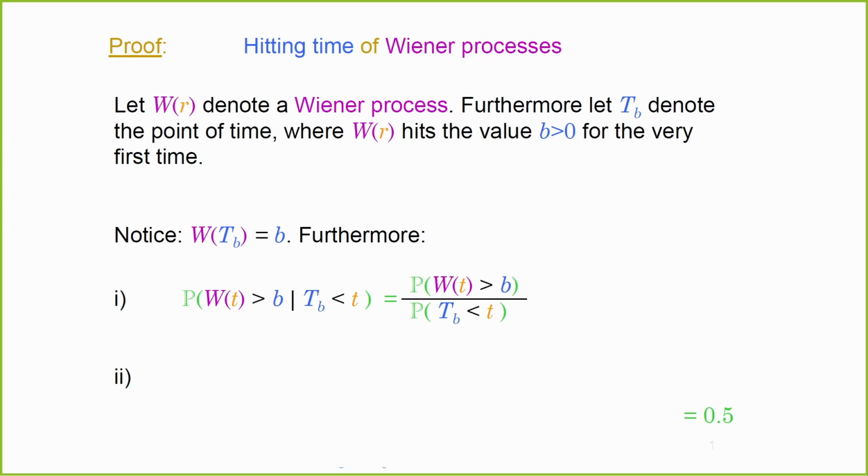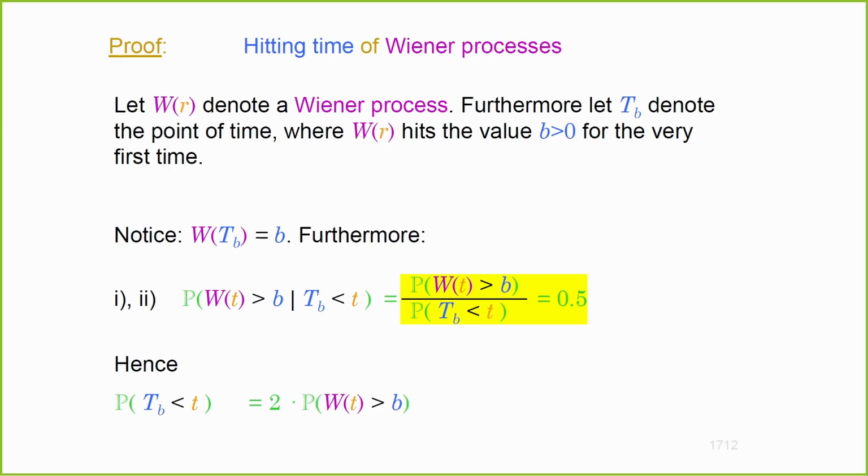Then the two must be equal to each other, which means that the ratio of these two is going to be 0.5. Now we need to solve this equation for the probability that the hitting time is prior to time point t, which is going to be 2 times this expression, which you see. That is what you end up with.